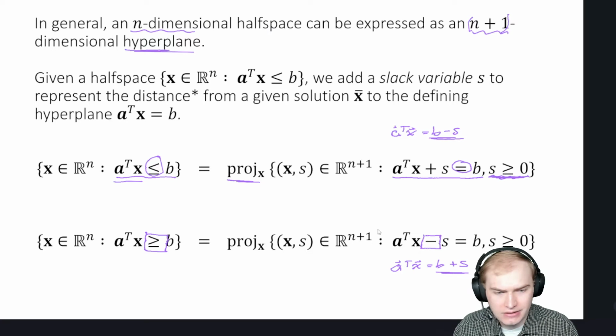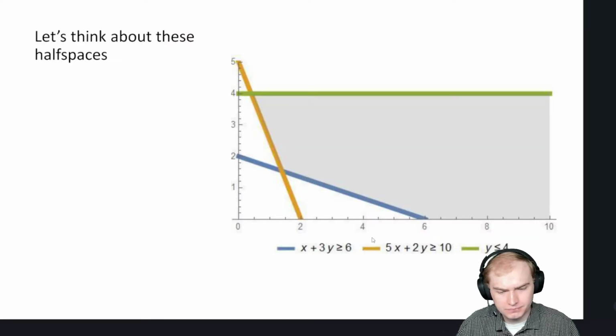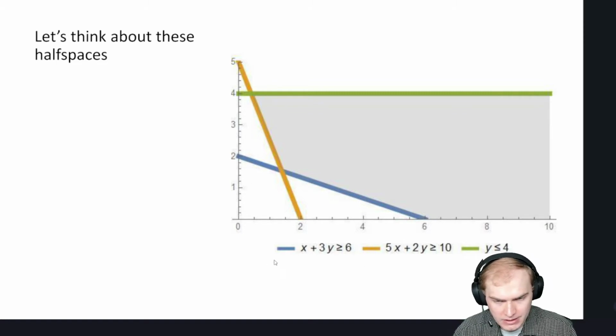So let's look at a graphical example. This is I think the same example we used in the last class. And I'm going to go ahead and write these. I'm going to add in our slack variables to our inequalities and make them equations.